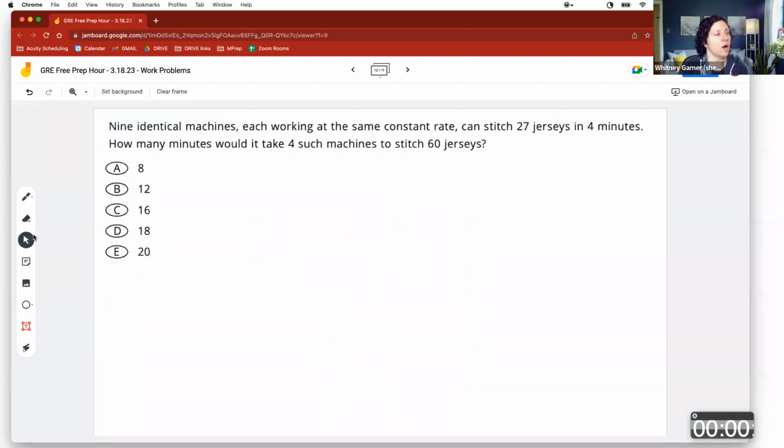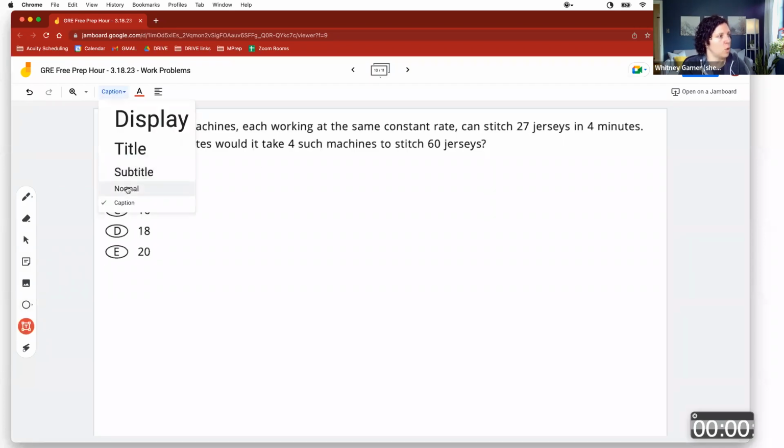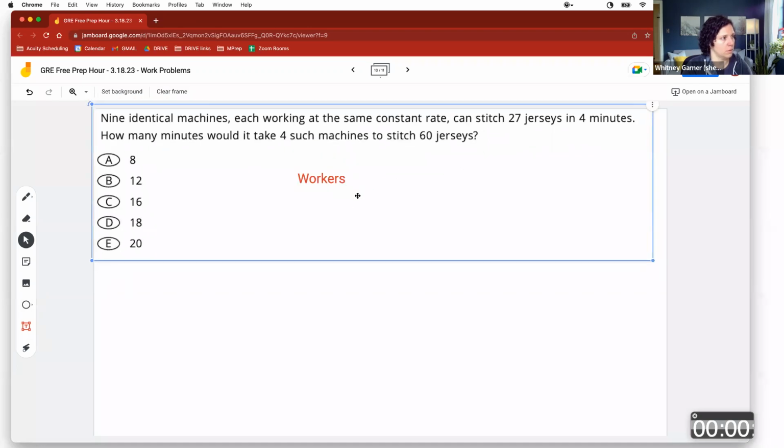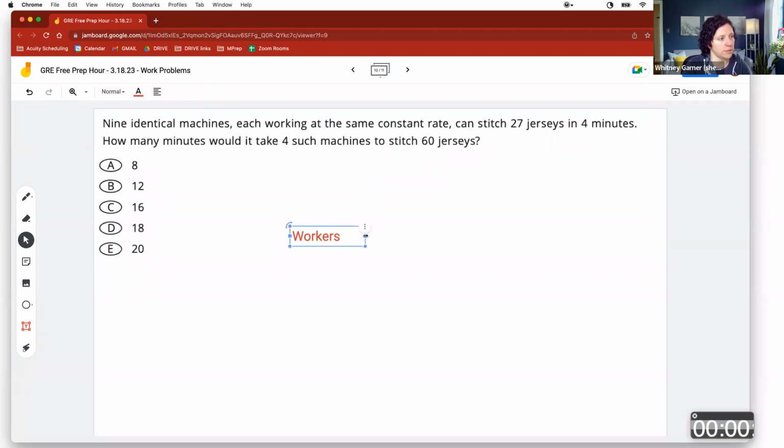Okay. So again, I want to set this up as workers, work, time. Above it, I'm going to put my goal. So where am I trying to land?